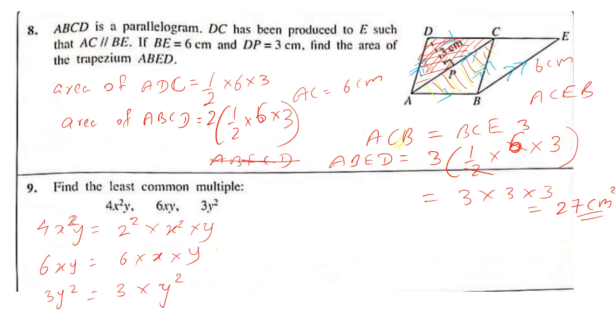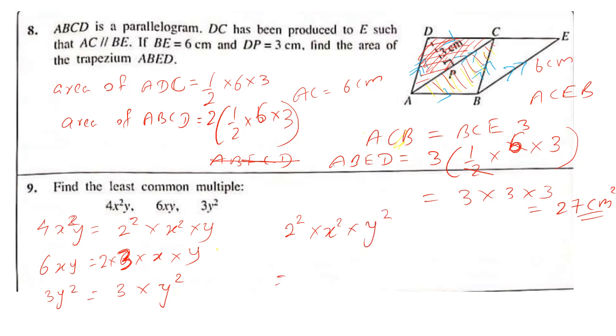So you have to take 6 as 2 into 3. So the maximum power of 2 is 2 squared. Maximum power of x is x squared. Maximum power of y is y squared, right?